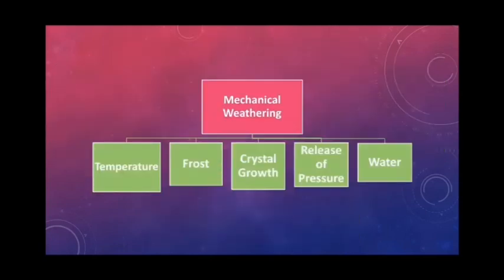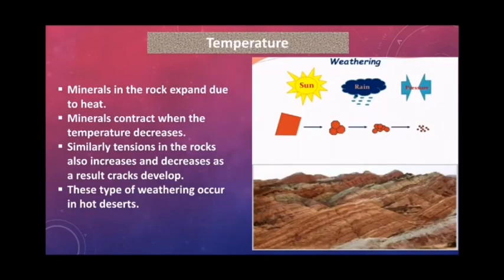So children, mechanical weathering mainly occurs because of the following reasons, that is temperature, frost, crystal growth, release of pressure and water. So let us start with the first one, that is temperature.